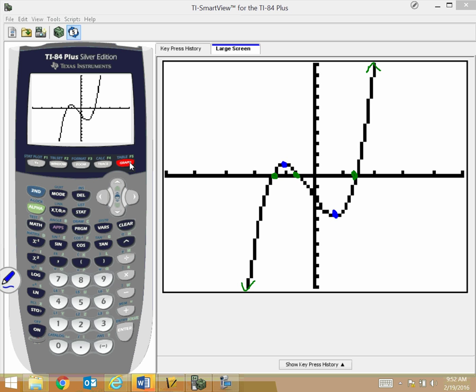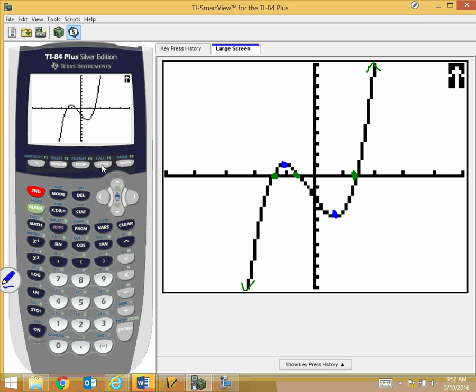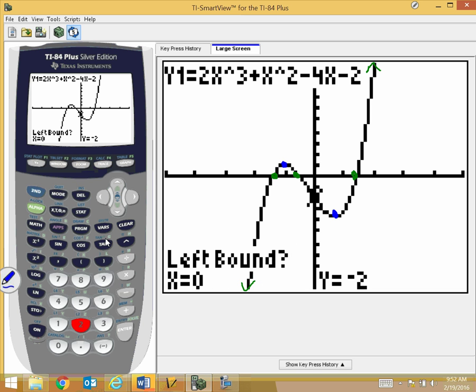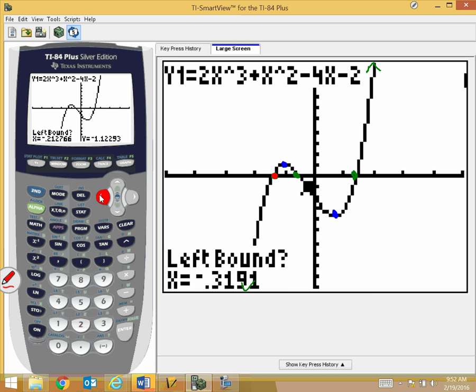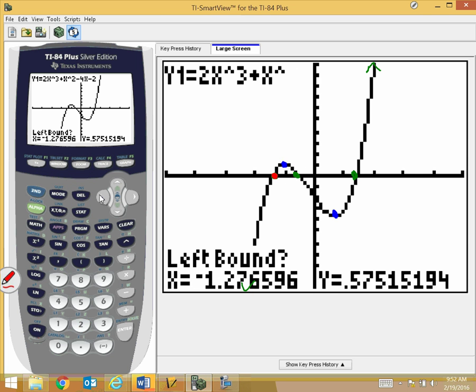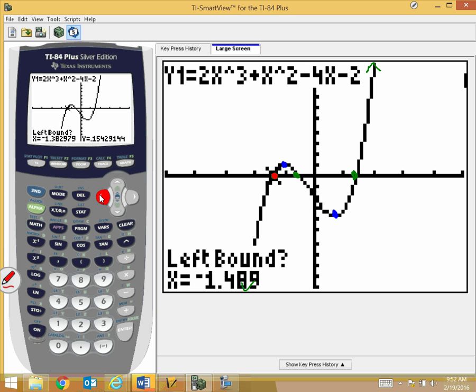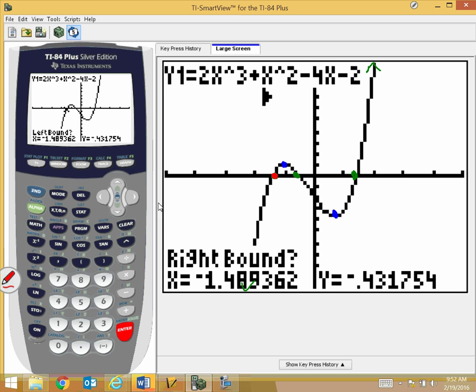Now, the directions are asking us to actually find the zeros and the extrema. So I'm going to go through the process of finding the zeros, second calc 2. I'm going to do the leftmost one first, this one right here. So I will cursor below, that's where the left bound will be. So I'm going to look until my y values are negative, hit enter.